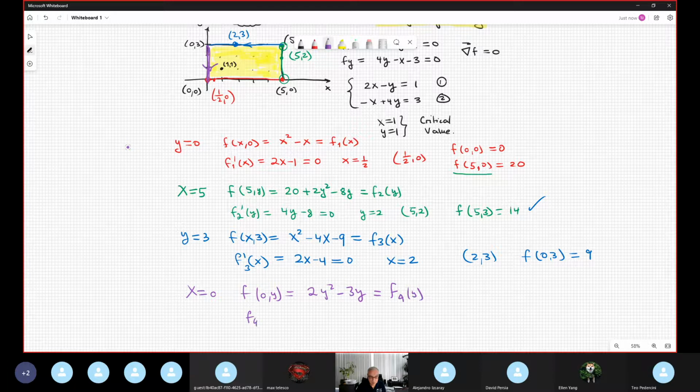You differentiate, is 4y minus 3 equal to 0. So y is 3/4. And the point is the point 0,3/4. 0.75 approximately. This point is like this, 1, 0.74 here.